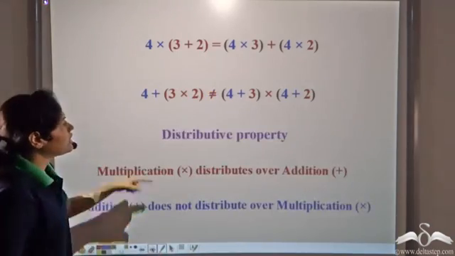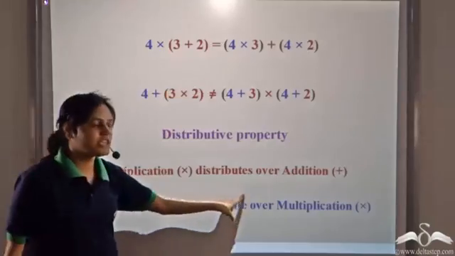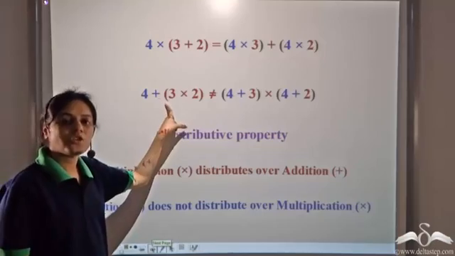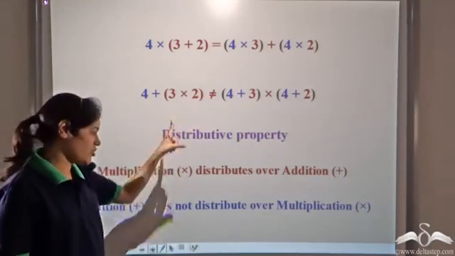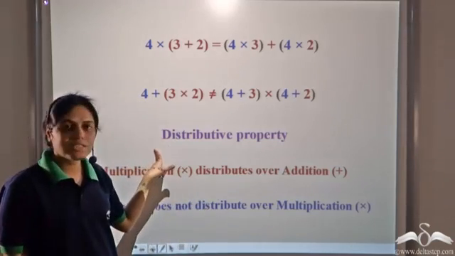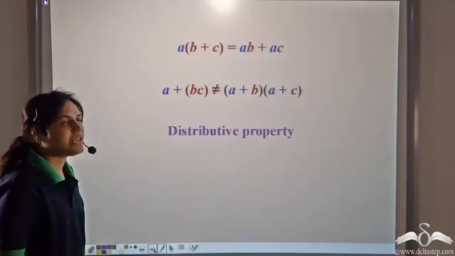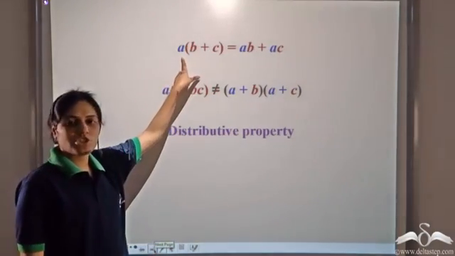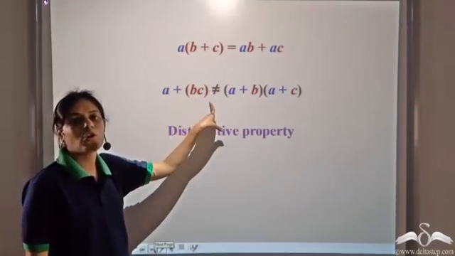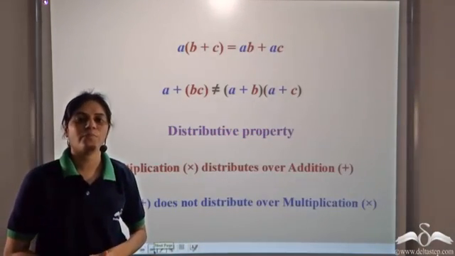So we can say that multiplication distributes over addition, but addition does not distribute over multiplication. And this is how the distributive property holds. Similarly, in algebra, multiplication distributes over addition, but addition does not distribute over multiplication, and this is how the distributive property holds.